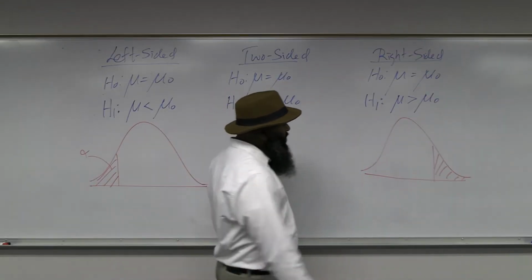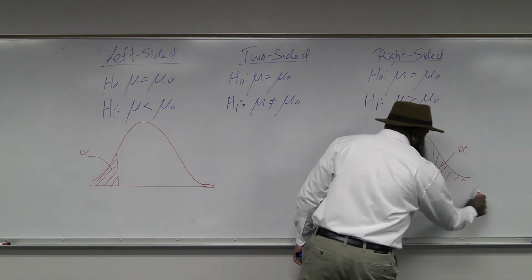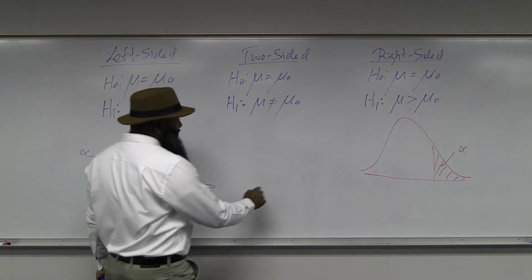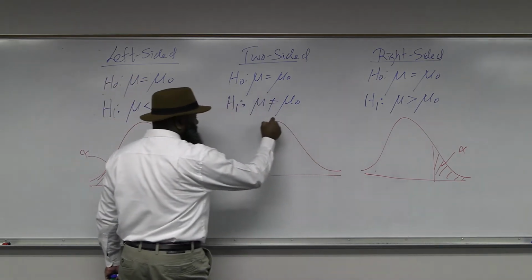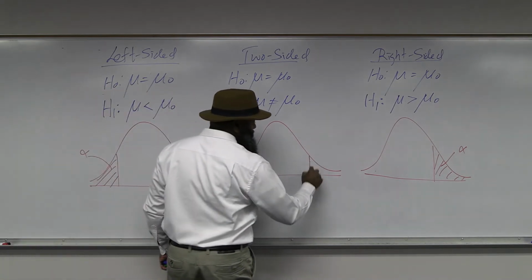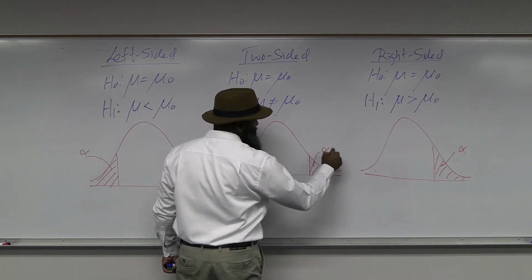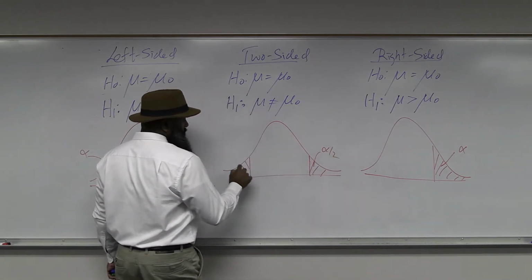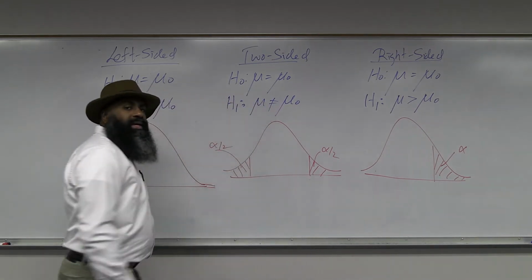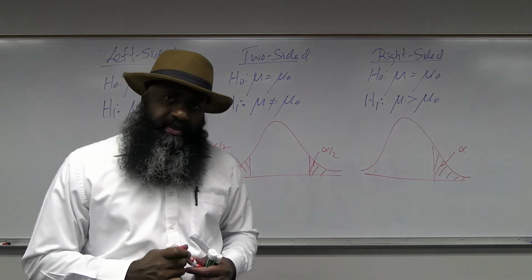And we said this is the rejection region. For a two-sided test, what we did was we kept half of alpha on each tail. The shaded intervals were called the rejection regions.